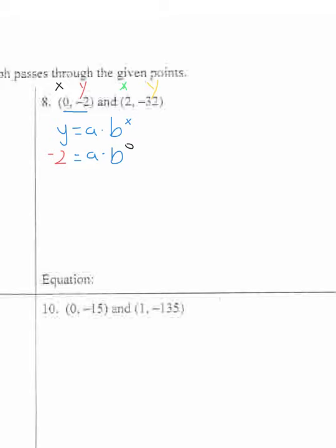Again, b to the 0 is just 1, so negative 2 will equal a. I'm going to write it again. Y equals a times b to the x, but this time we're using the second ordered pair, 2, negative 32. So negative 32 equals a, which we now know is negative 2, times b, and now our x is 2.